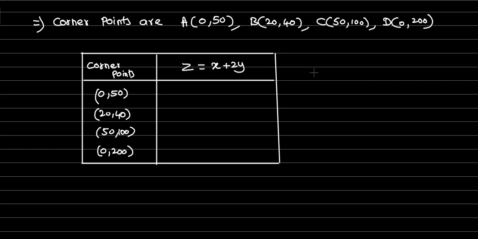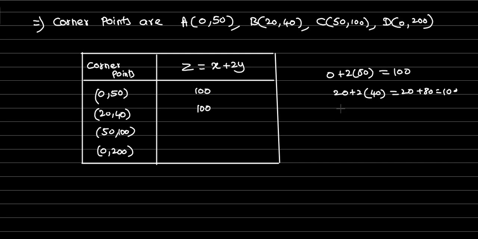Now substituting x as 0 and y as 50, we get 100. Next, x as 20 plus 2 times y as 40, so 20 plus 80, again we are getting 100.